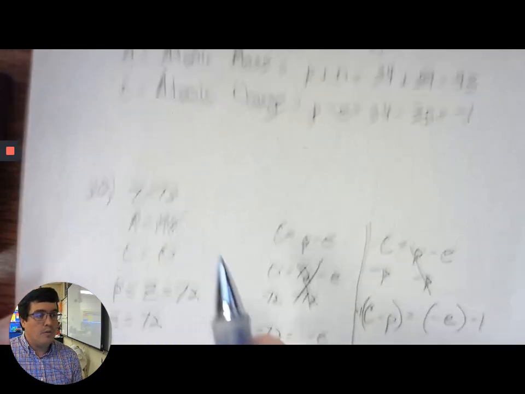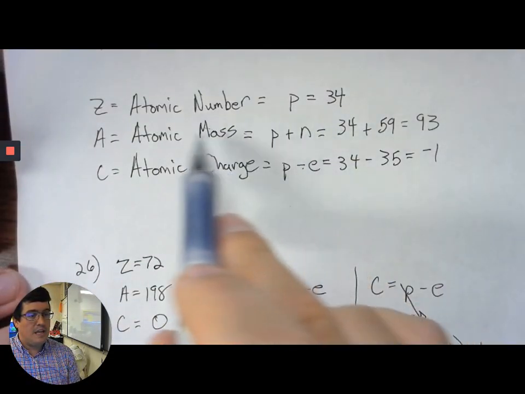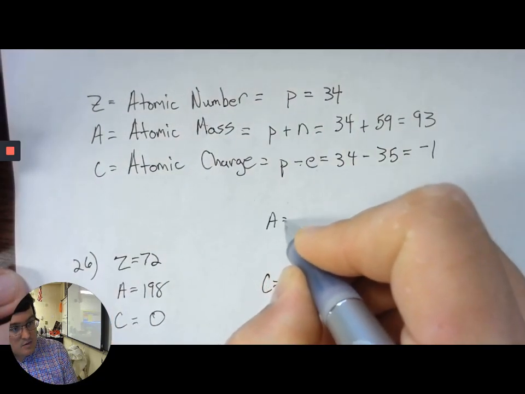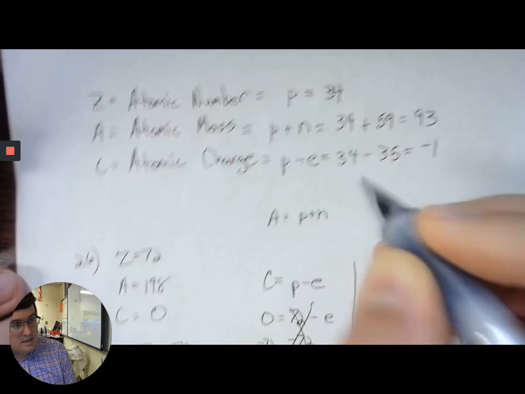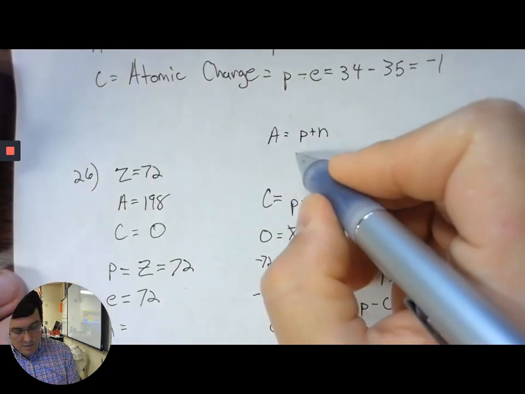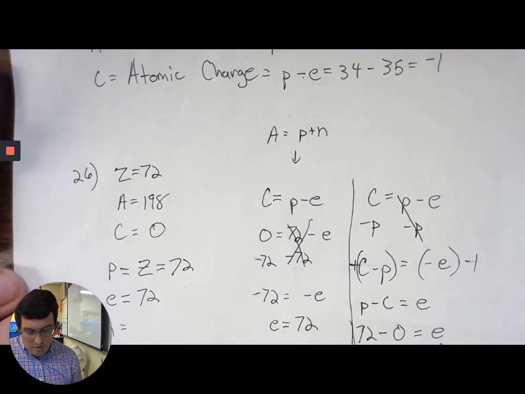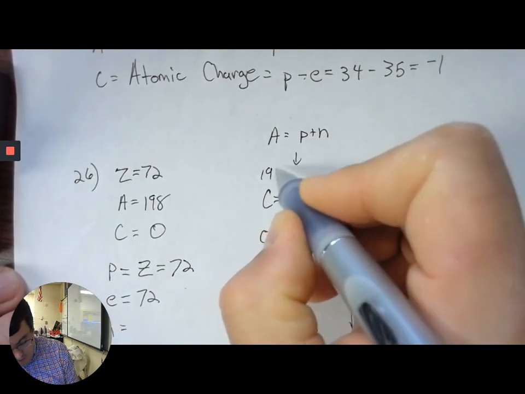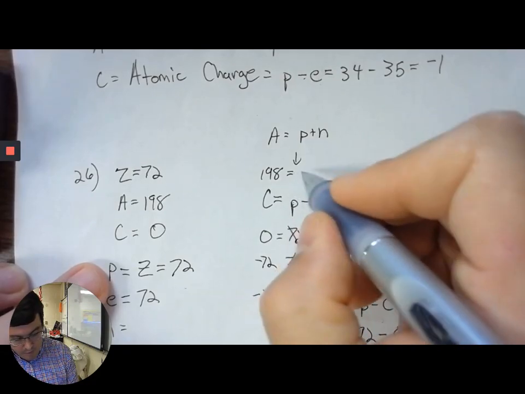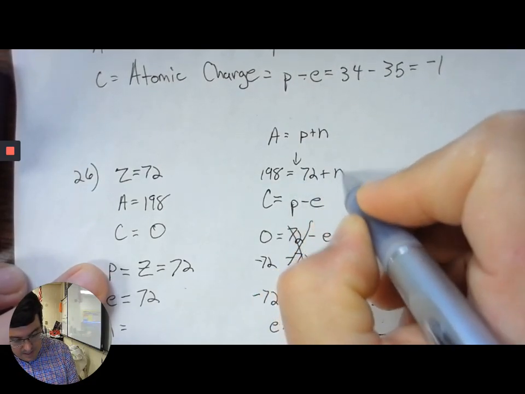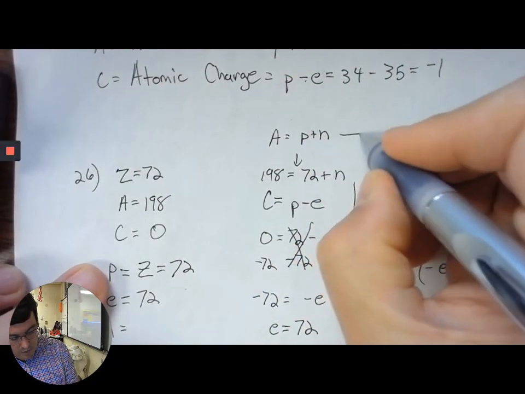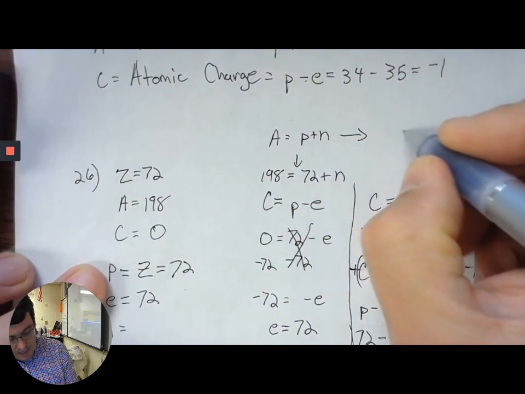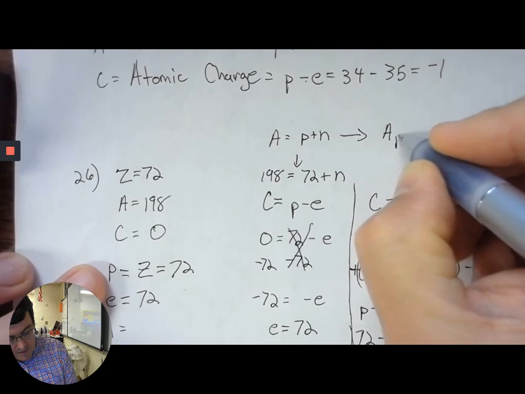For N, we've got to go back up here, and we see the only thing with N in it is atomic mass. So we get A equals P plus N. This one I'm just going to go straight down. A is 198, so 198 equals number of protons, 72, plus N. Over here, we can just solve for N. It's really easy. All you've got to do is subtract P from both sides.